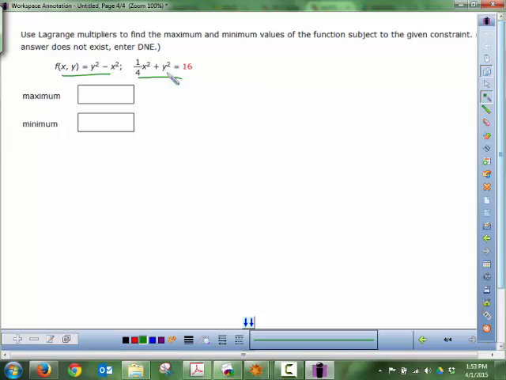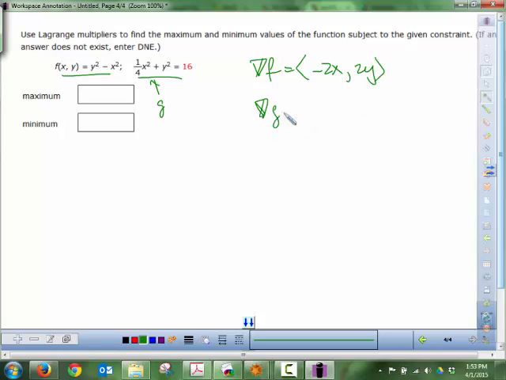So we're going to consider this as our g function, and so we need the gradient of f, which is negative 2x, comma 2y, and then we need the gradient of g, which is 1/2 x, and then 2y. And then we throw that lambda in front of one of them and set them equal to each other, and we get our three equations.